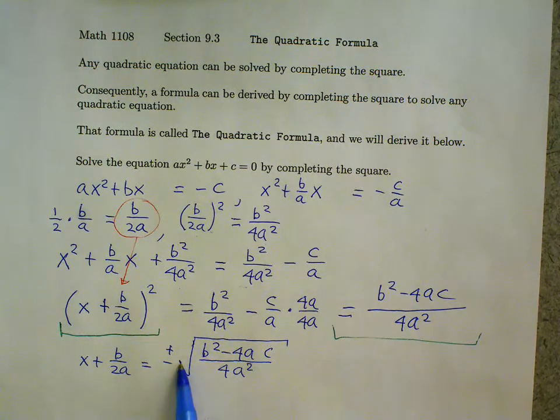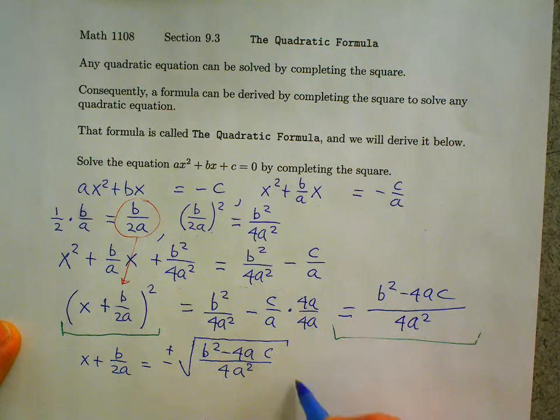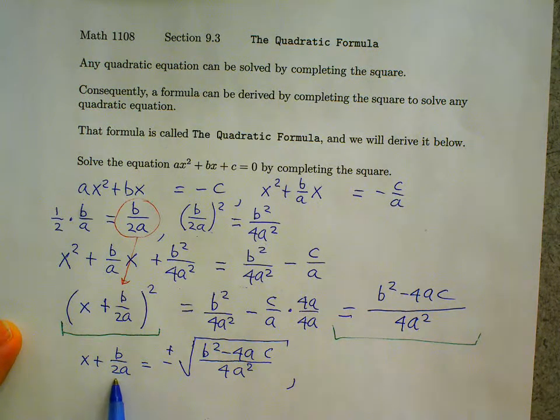Notice inside the square root, the denominator is a perfect square, so we'll simplify that. And we'll also subtract b over 2a from both sides.